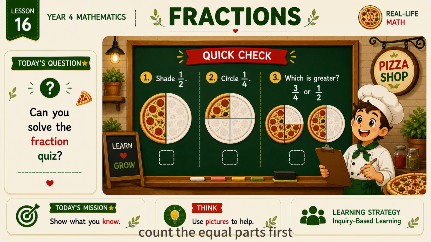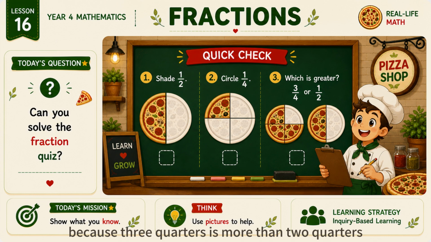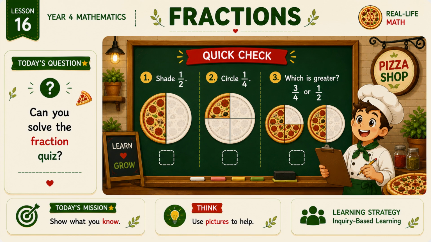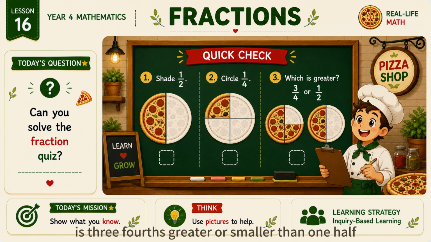Count the equal parts first, then count the shaded or chosen parts. For the last question, 3/4 is greater than 1/2 because 3/4 is more than 2/4. Show your answer with your fingers. Is 3/4 greater or smaller than 1/2?